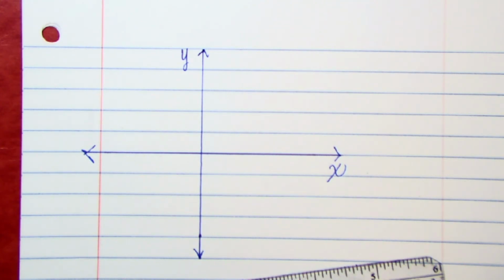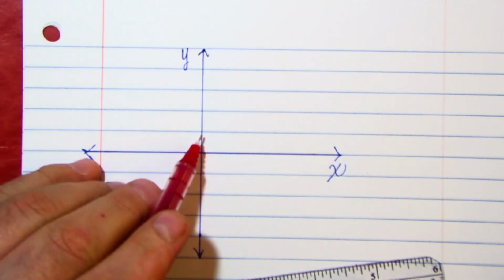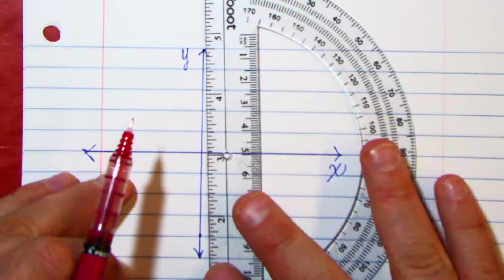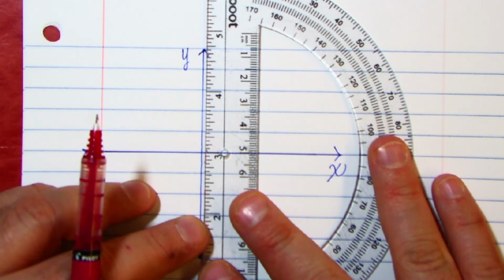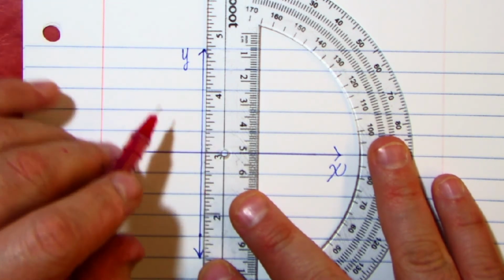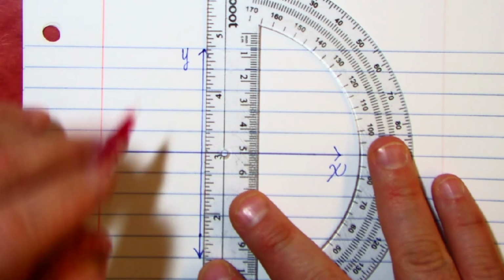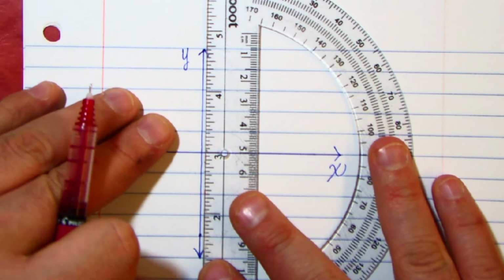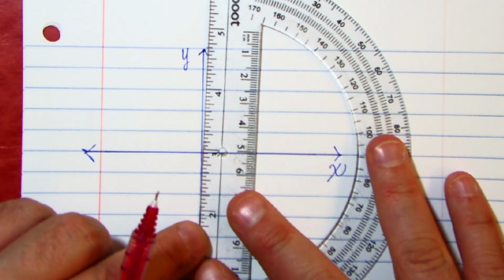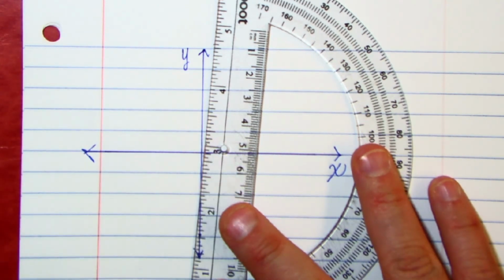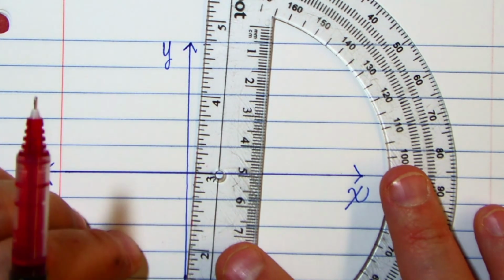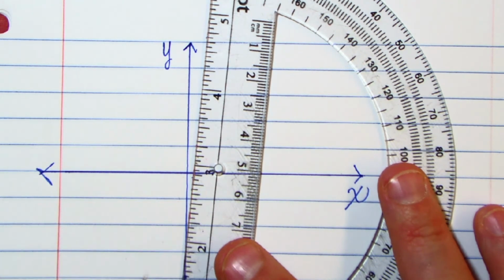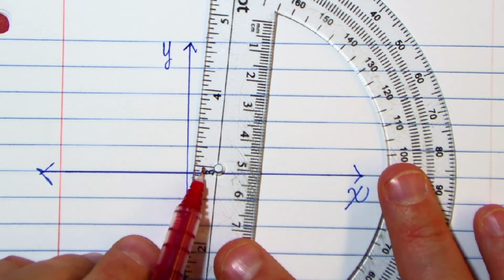Now, very important, okay? Watch. You see these lines here? Those lines are not what we're going to use. I want you to take your protractor and turn it vertically. Now look at this 3. Let me zoom in on this. Does everybody see this long line next to the 3?